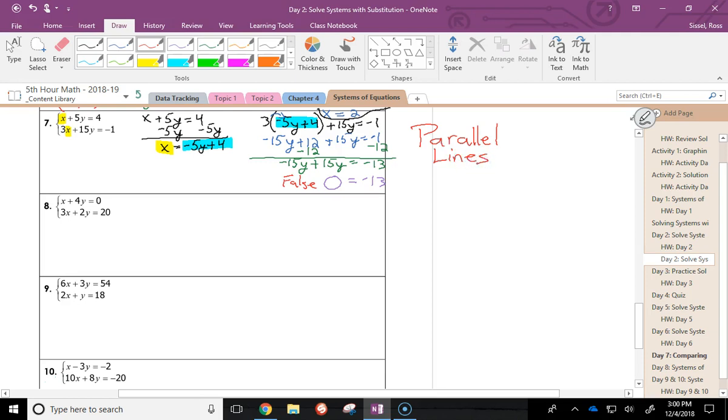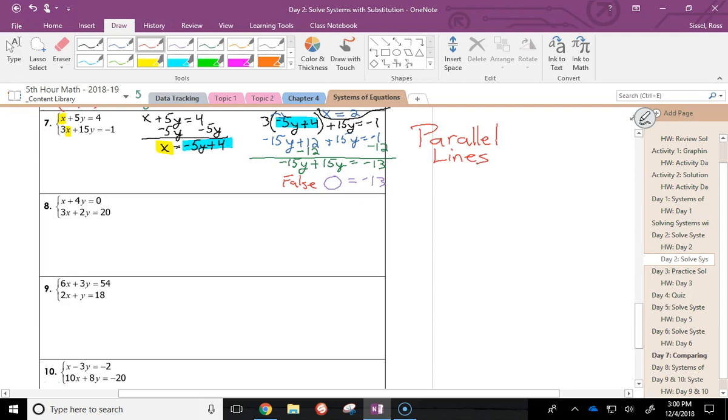If you're doing your work and you've substituted in for one variable, and when you try to find the second one it does not come out, that means there is no solution. There is no x, y that both equations share. Both lines have to have the same slope. They are parallel lines.